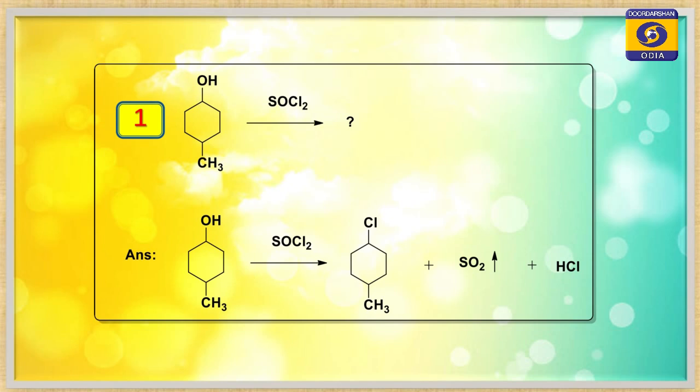When you use SOCl2, the OH group is replaced and Cl comes in, along with SO2 and HCl. That means this problem comes from Darzens method by using thionyl chloride, replacement of OH group and introduction of Cl to get the product, and the product is there on the screen.